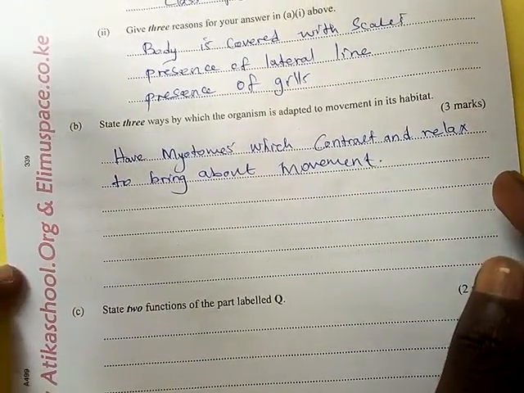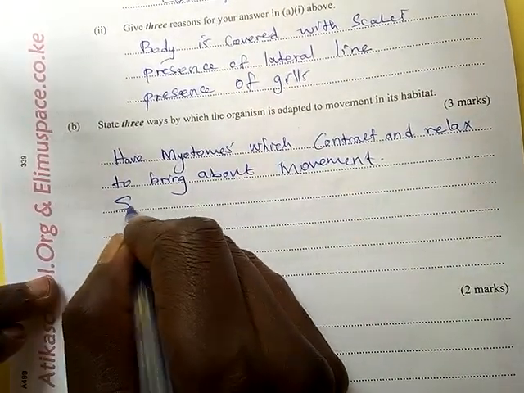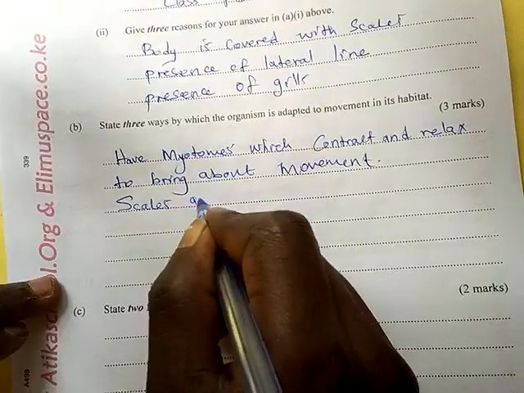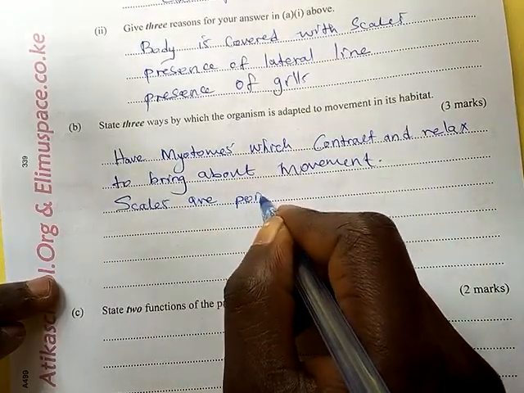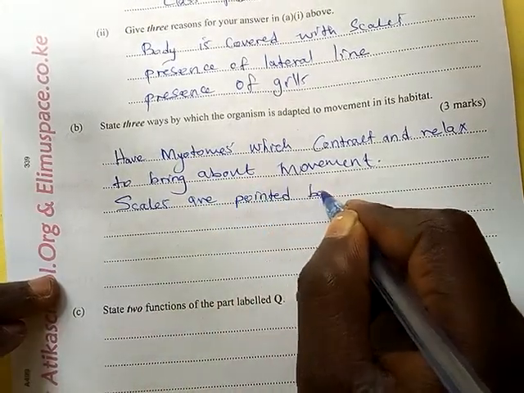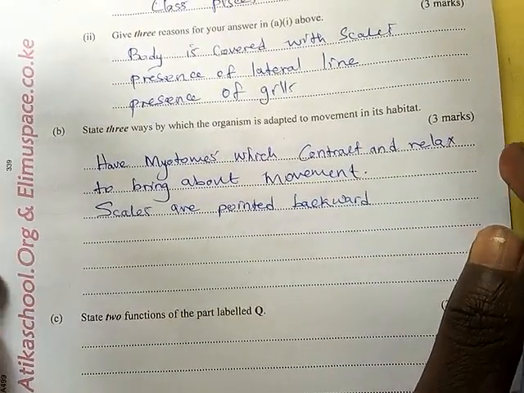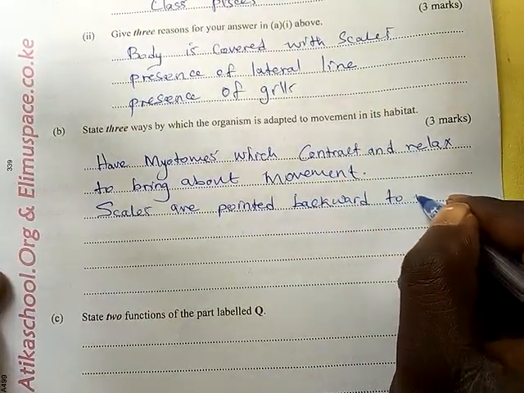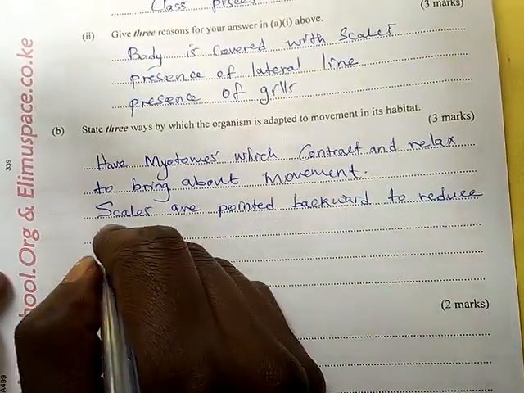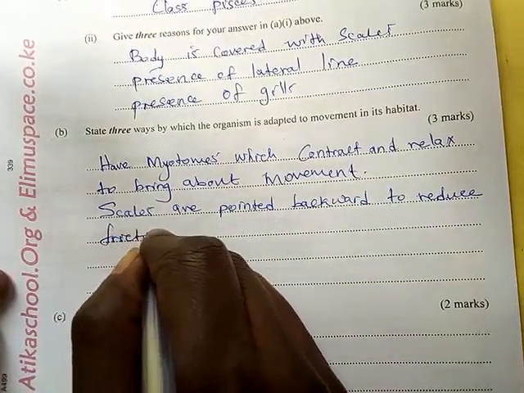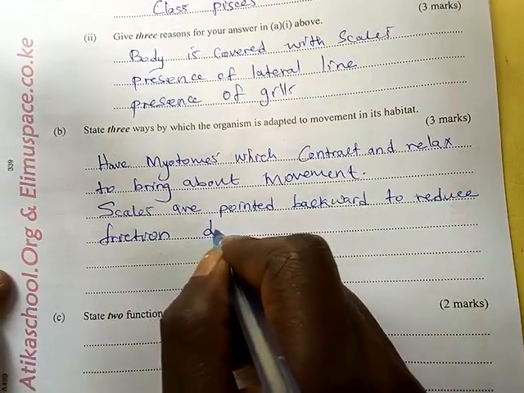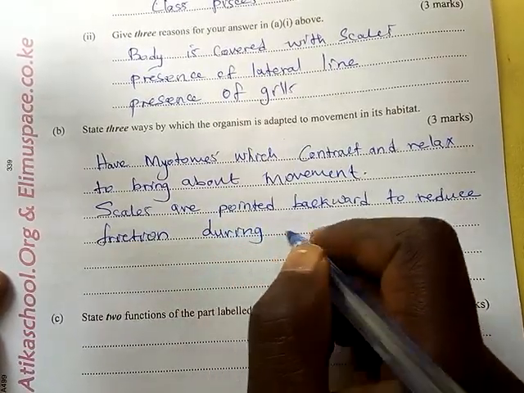Secondly, you can see the scales are pointed backward in order to reduce friction during movement.